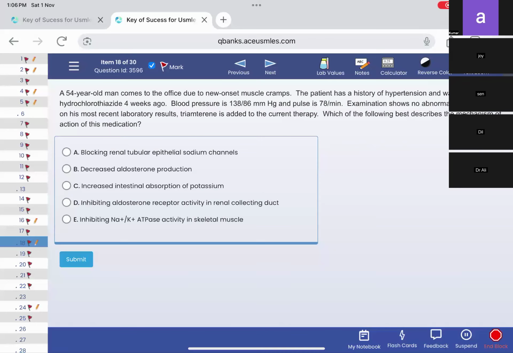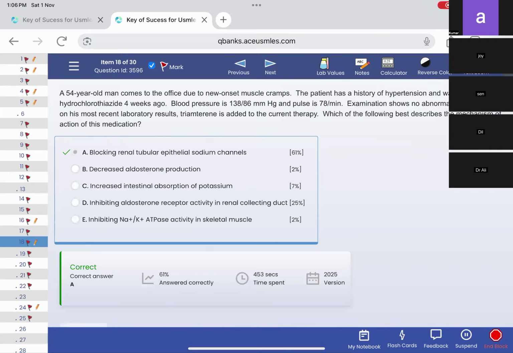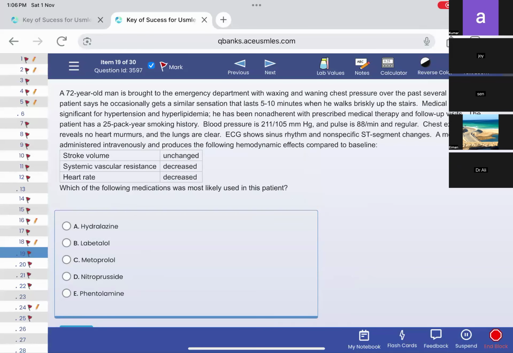Blocking, option A. Excellent. Are you clear, everybody? Anyone with a question? Shall we move forward? Yes. So let's move to the next one. Any volunteer?